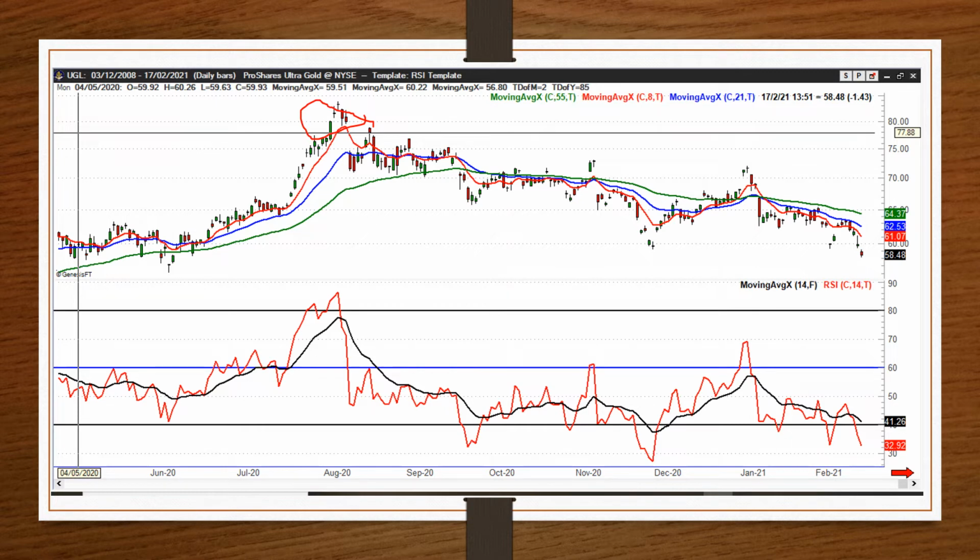So how are we telling that this is moving from a bull phase to a bear phase? What we can see is that we started our last bullish move here, and as we follow this on down, we find that the RSI has dropped below 40.